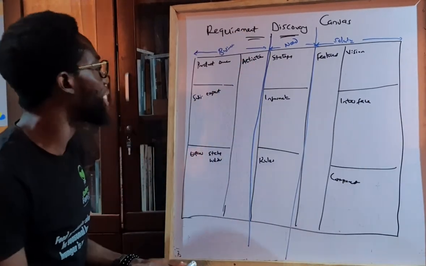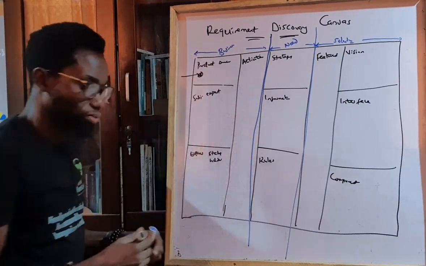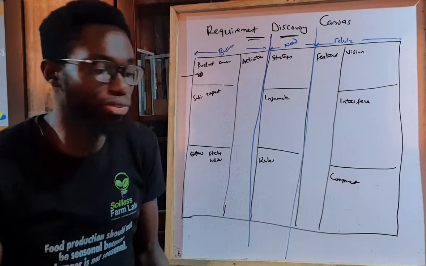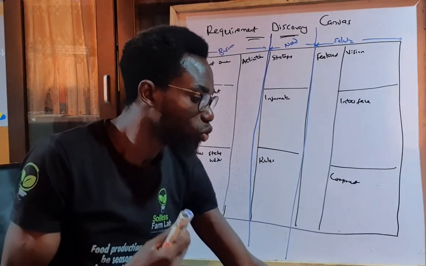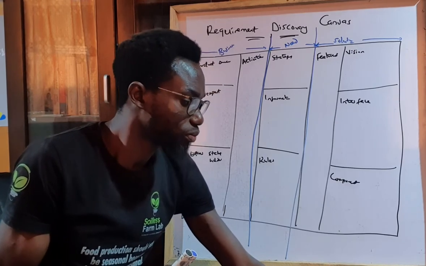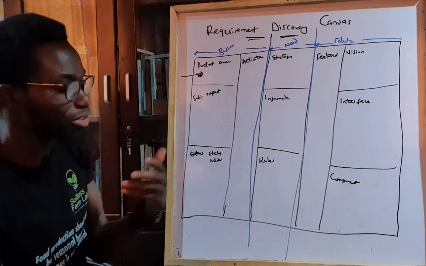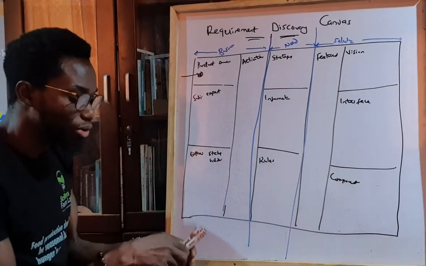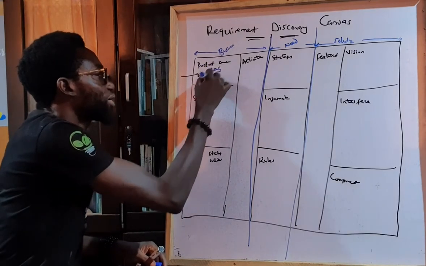Now, in this aspect, the first thing is who owns the product. It is very important that this is defined at the beginning, so that you do not have a product that is developed without an owner. Now, the owner of the product is, number one, the key decision maker.